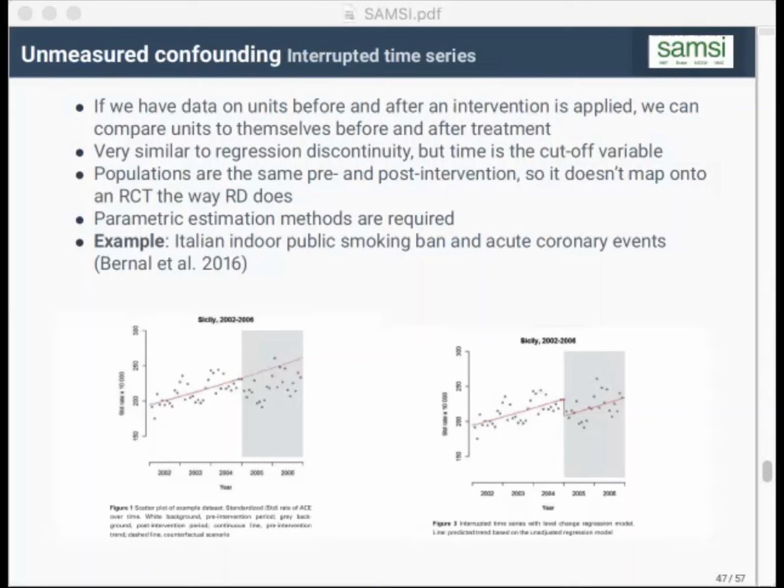And the idea is, if we believe this graph on the right, there is a sudden drop in coronary events right when the ban is implemented. And this suggests, under some very strong assumptions, a causal effect of the public smoking ban on the acute coronary events.